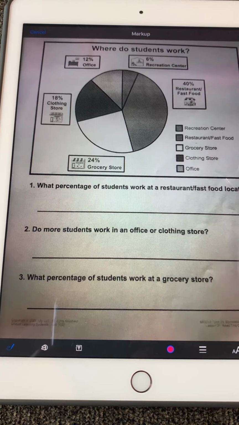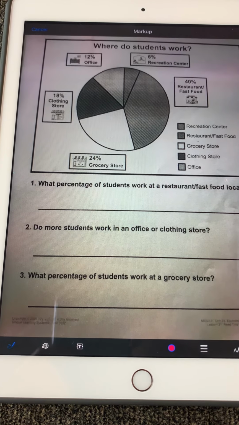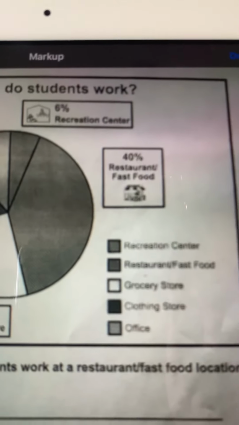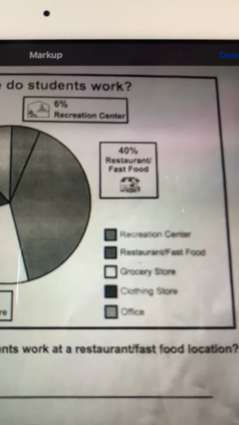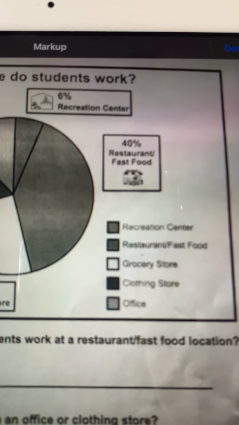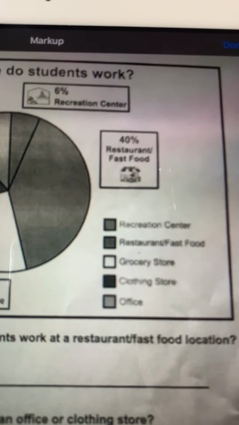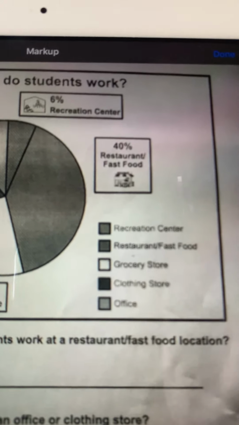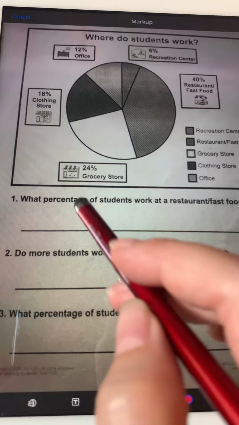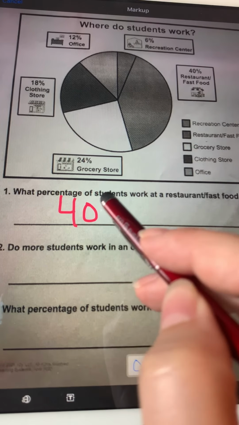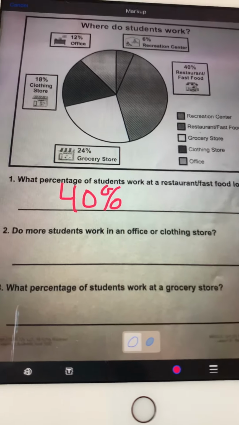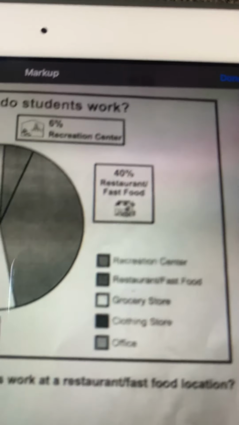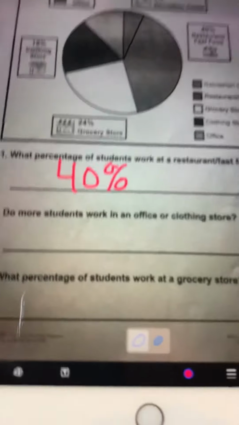Okay, so on our graph, once it clears up, it's a little blurry, but we can see that 40% of our students work at a restaurant fast food location. So on our line, we're going to write 40%. Okay, you're going to write it just like that 40 up there. Miss Tiffany's look a little crazy.